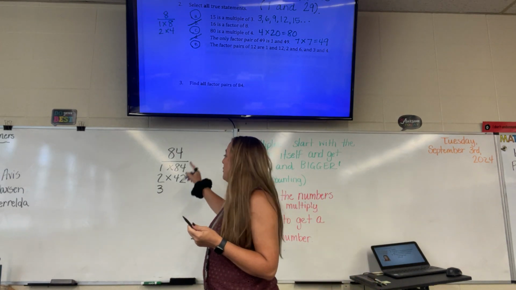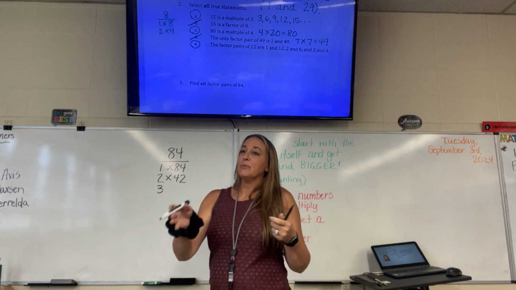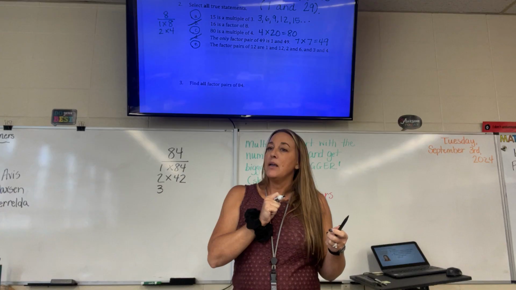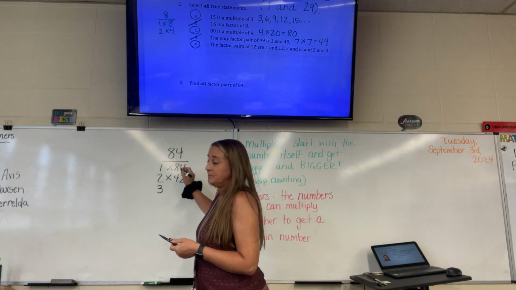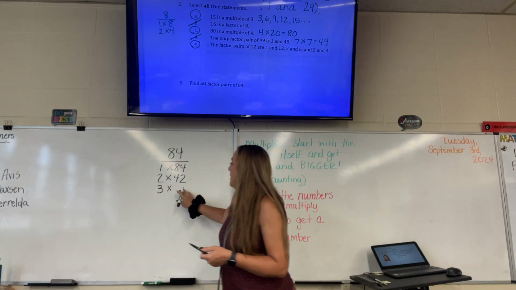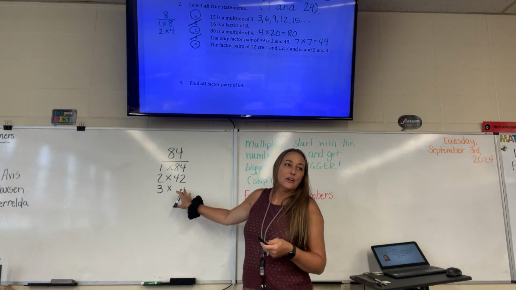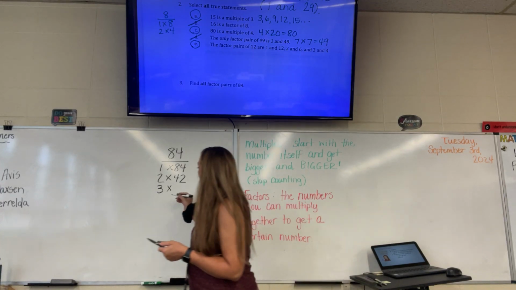Is 12 a multiple of 3? If you're counting by 3s, will you eventually say 12? Yes. So that means 84 is divisible by 3. We're going to come back to figure out what 3's partner is.